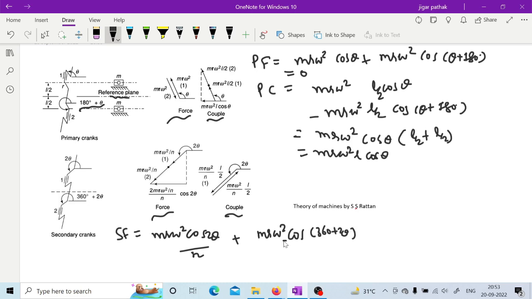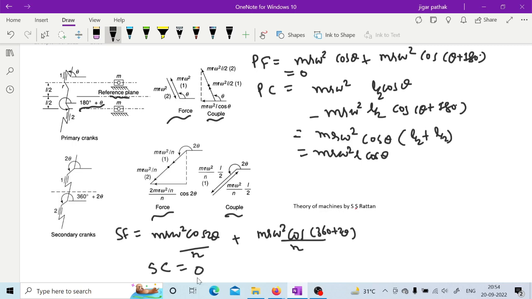So it will be added because both will be in the same direction, as you can see. But for the couple, as it is in the same direction, it will be subtracted. So for the secondary couple you will get 0 in case of this inline two cylinder engine.